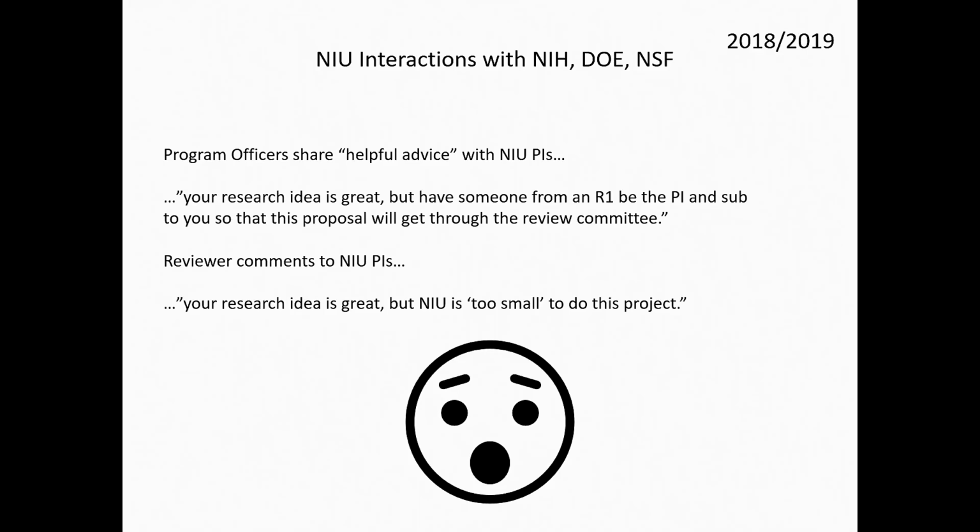So you need to just find a friend, go to Northwestern, go to University of Illinois at Urbana, find a friend who'll be the PI, and then just have them sub the work to you just to get it through the review committee. And the program officer would say this as a helpful piece of advice on how to get your idea funded. We also heard things in reviews such as, that's a really great research idea.